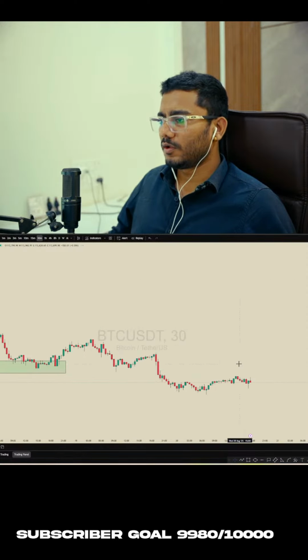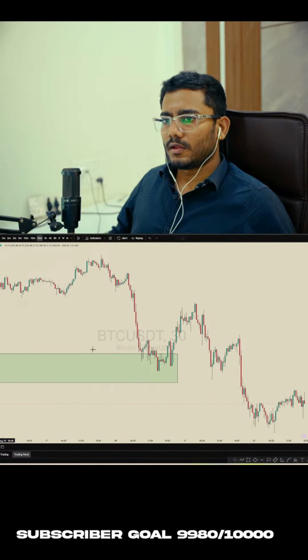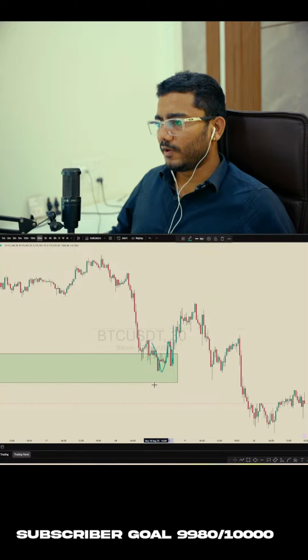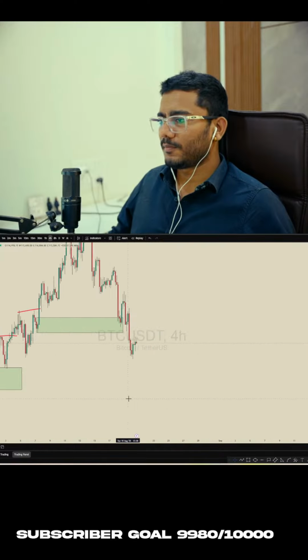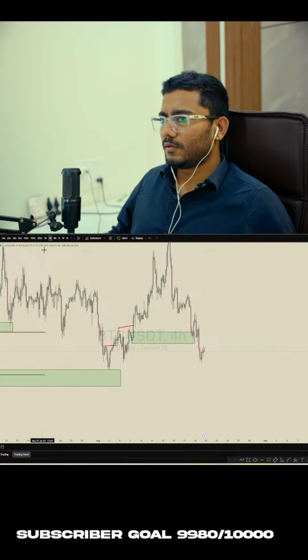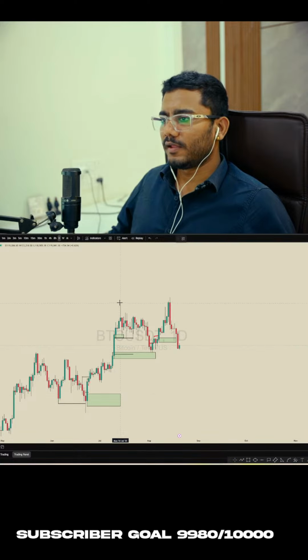Here, if you look at 4 hour, 30 minutes, I wanted price to sweep this trend line liquidity, but then price broke the structure and it continued to the downside. So right now on BTC, price is bearish. We don't have any change of pattern. If you look at the daily time frame, price has swept this previous low.